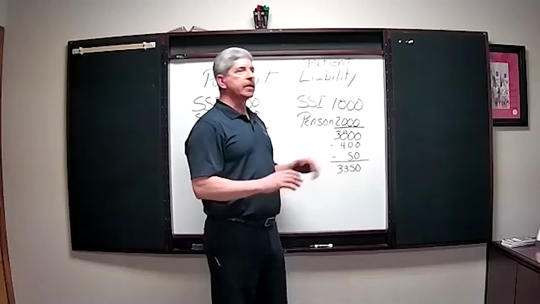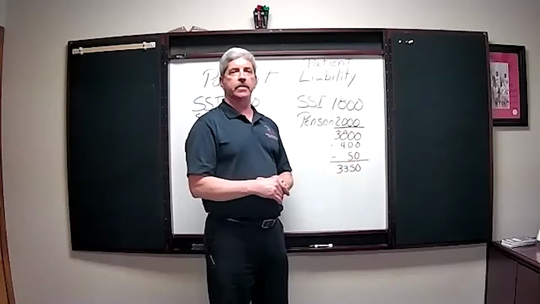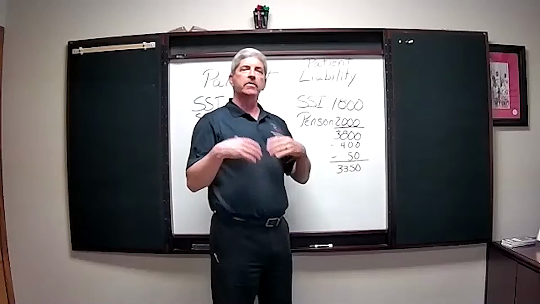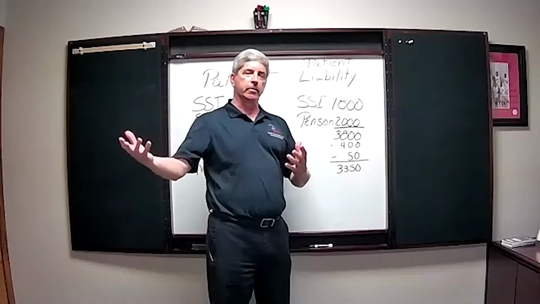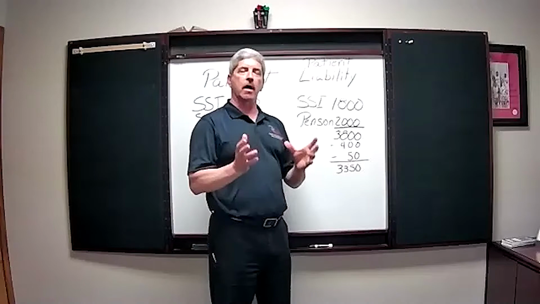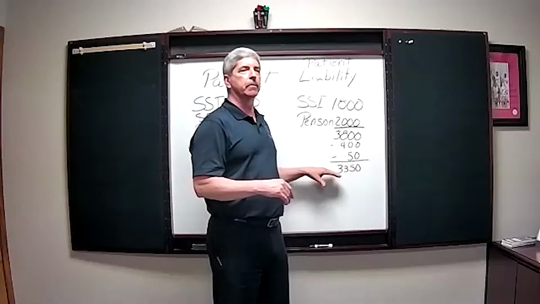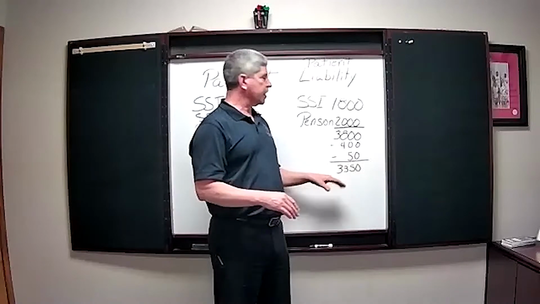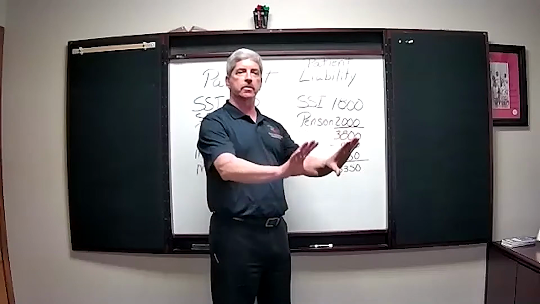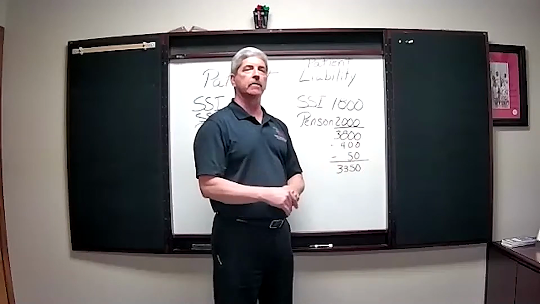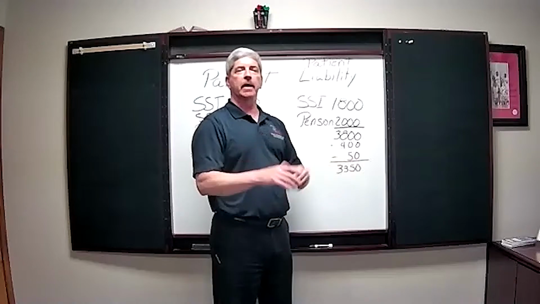And then you get $50 to spend any way you like, said with great sarcasm. So once somebody goes on to Medicaid, that's why the sheltering we've talked about in some of the other videos becomes so important, because people only get $50. So in this case, $3,350 goes to the nursing home. They keep $50 and then Medicaid will pay the balance.